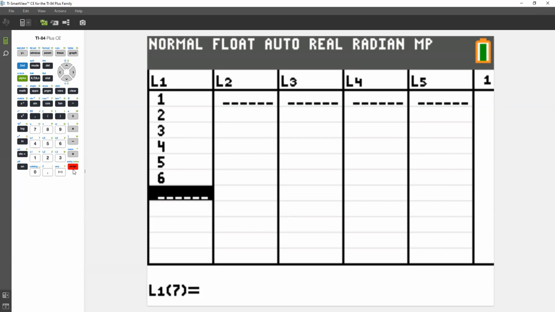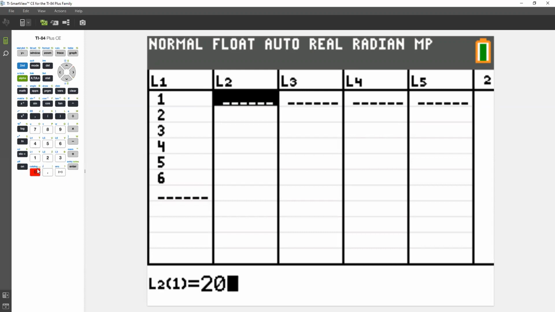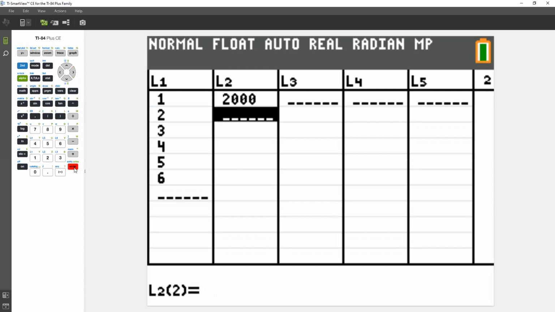Now we want to type in the attendance for each of those games into our L2 column. To get to your L2 column, use the right arrow on your arrow pad. The first attendance for game 1 was 2,000 people. So we're typing in 2,000.